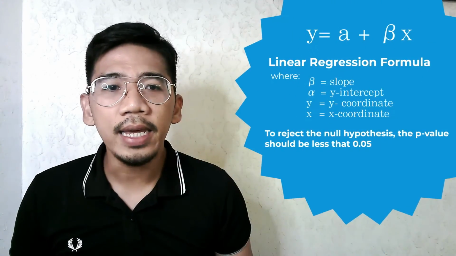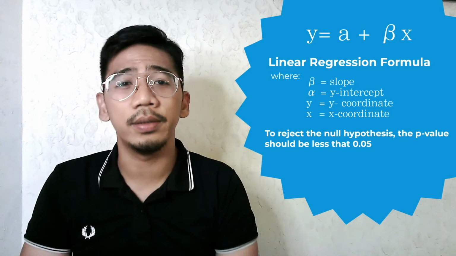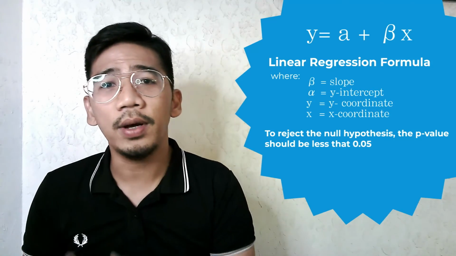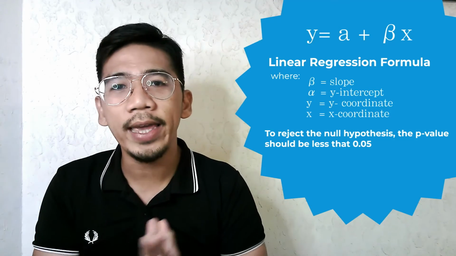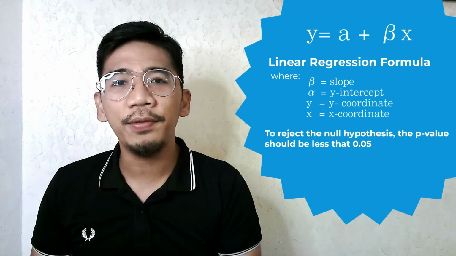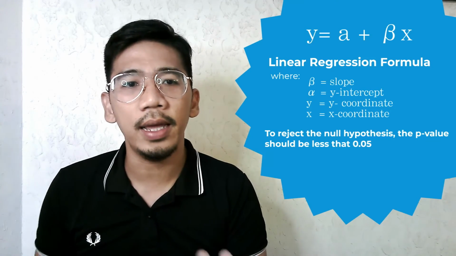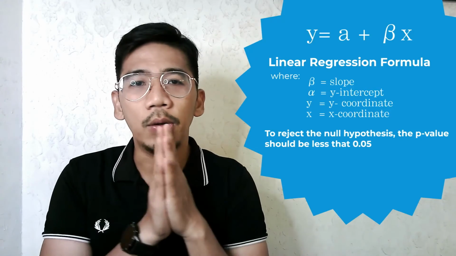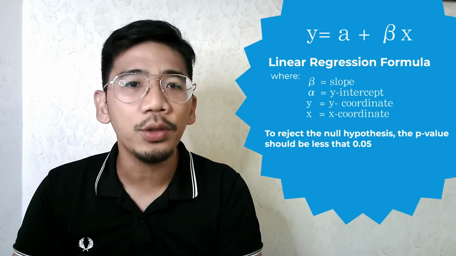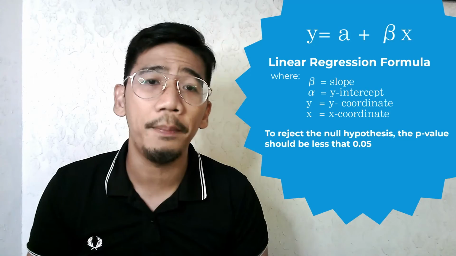So, lastly, let us look at the linear regression formula. A linear regression line has an equation of the form Y equals A plus BX, where X is the explanatory variable and Y is the dependent variable.